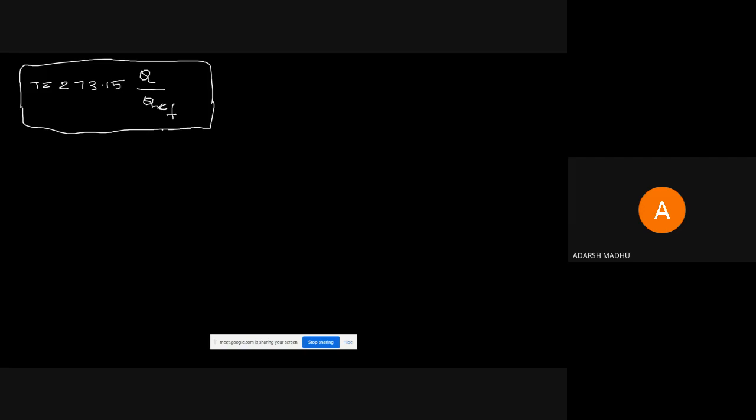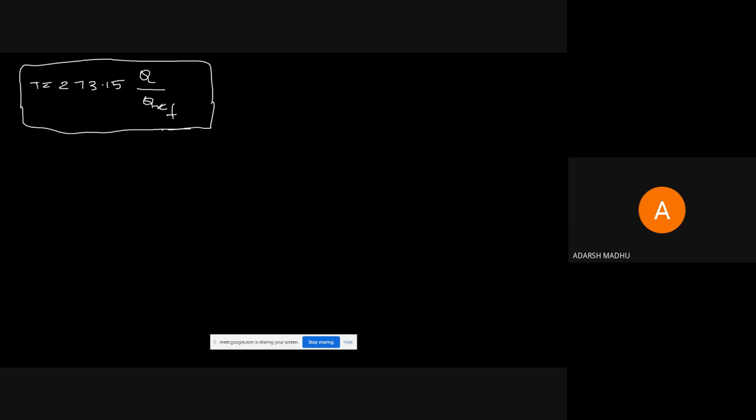Absolute thermodynamic temperature will never become equal to 0. So the principle or theory starts from here, where any heat transfer rate we can relate to temperature. We can define an absolute temperature according to the theory, and we can use the T reference value to find it. That is T by T reference equal to Q by Q reference.